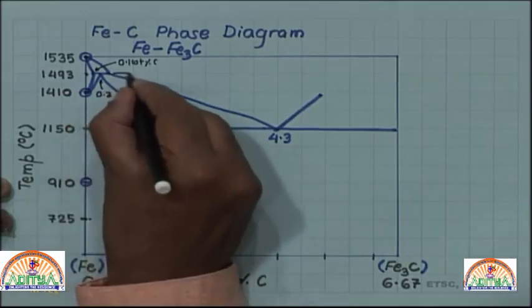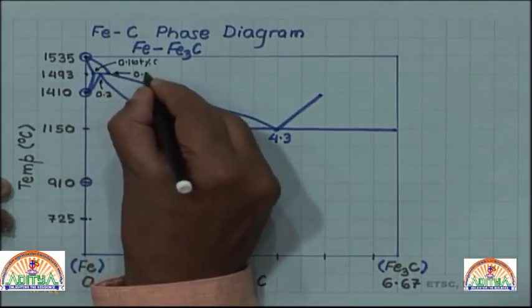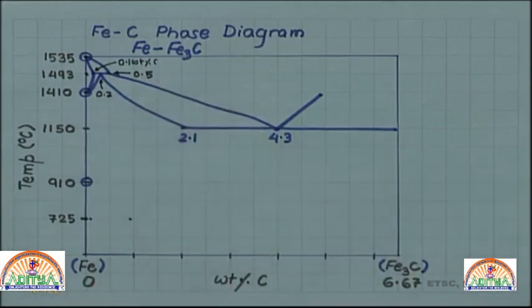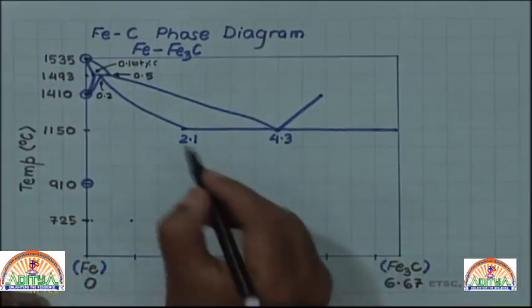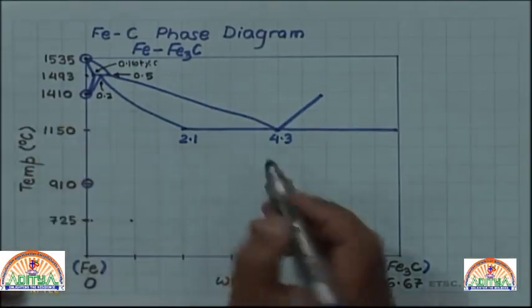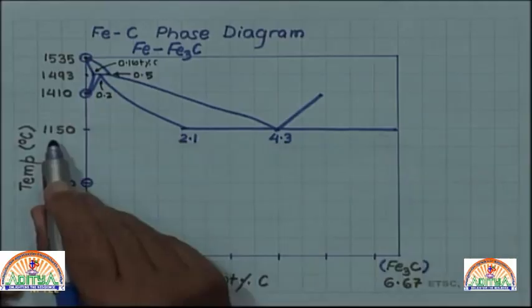1493 degrees Celsius. Okay, and the next invariant reaction is at 1150 degrees Celsius. Another invariant reaction is at 725, which has another horizontal line running here.